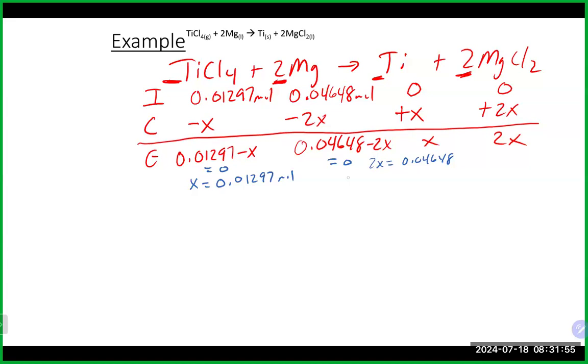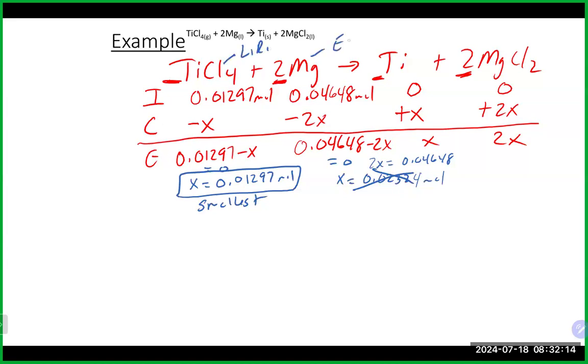And that will give us an x value of 0.02324 moles. Again, in this case, we are looking for the smallest. And it looks like it is this guy, so we do not need this number. That tells us at this point that this guy here is our limiting reagent, and this one right here is our excess reagent. Questions on that there?